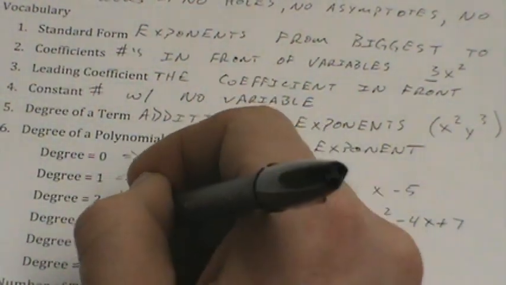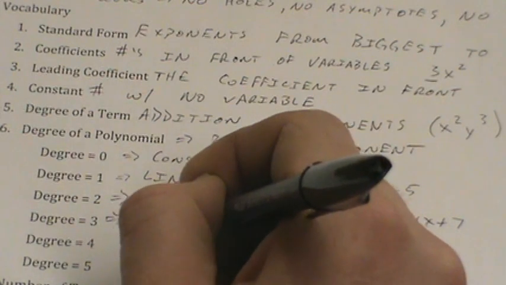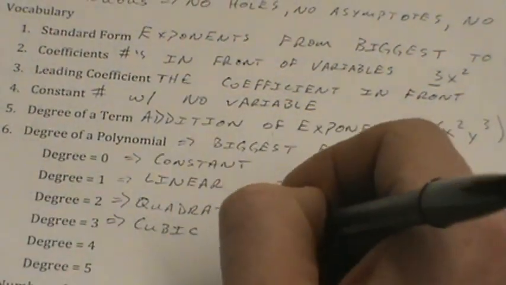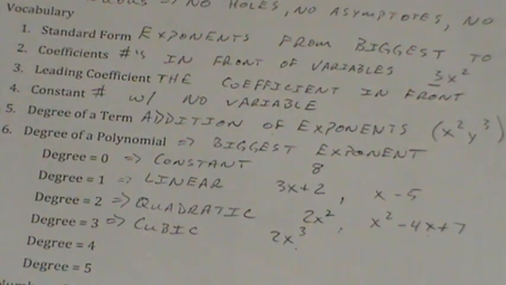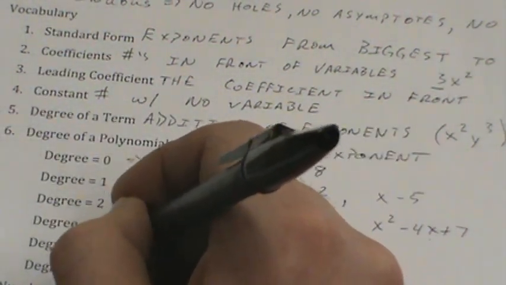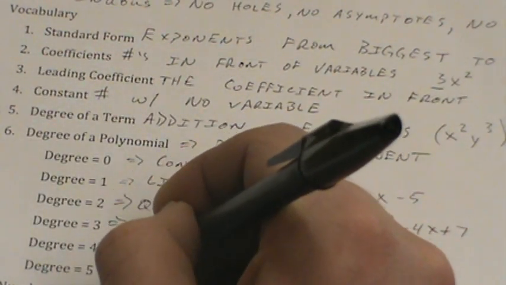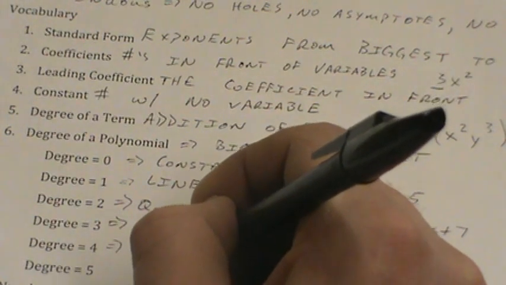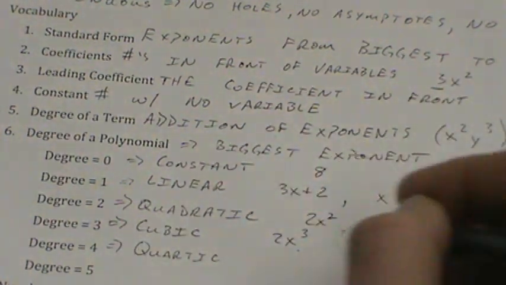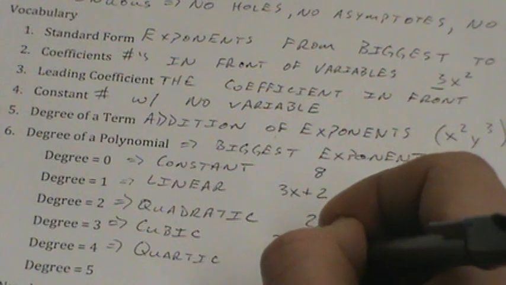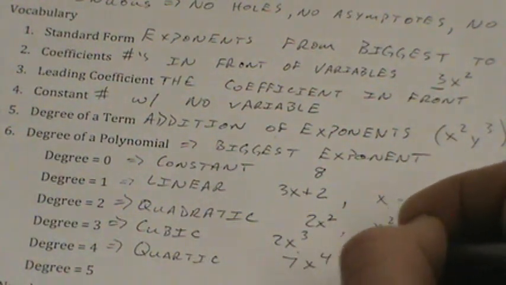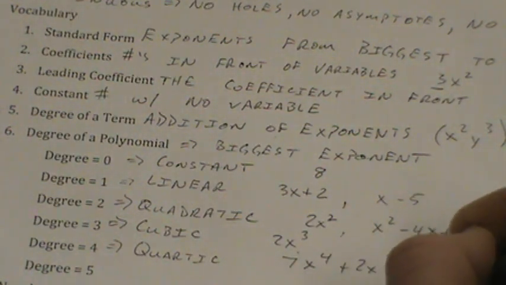Power 3, we're going to call this a cubic. For example, 2x cubed. If the degree is 4, we're going to call this a quartic. An example would be 7x to the 4th plus 2x to the 3rd plus x cubed minus 8.